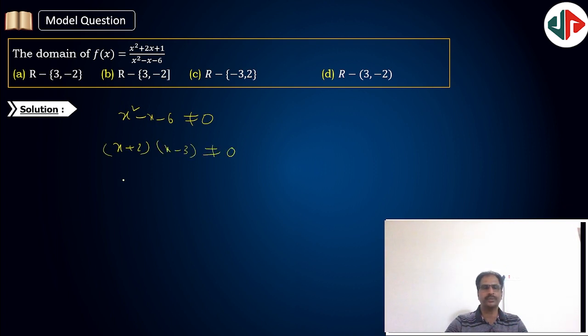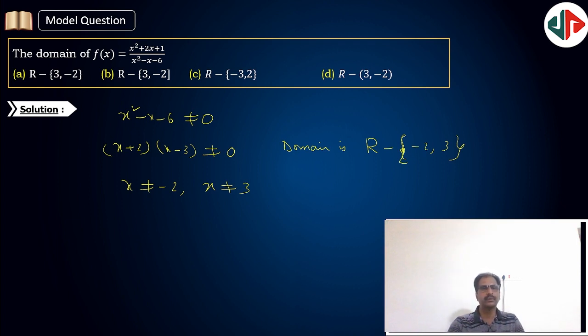It should not be 0, which means x should not be minus 2 or x should not be 3. Therefore, what is domain? X can have any real values except these two. So domain is all real minus set of minus 2 comma 3.